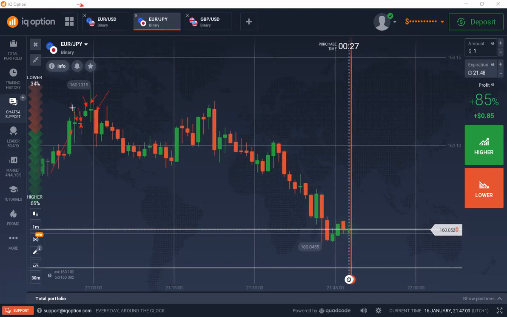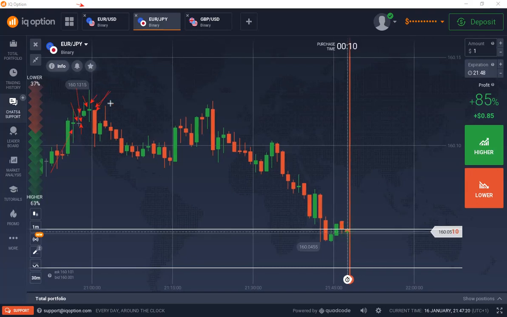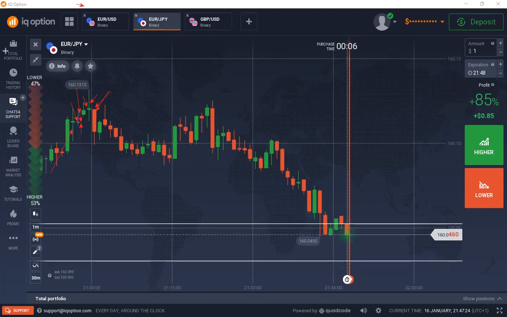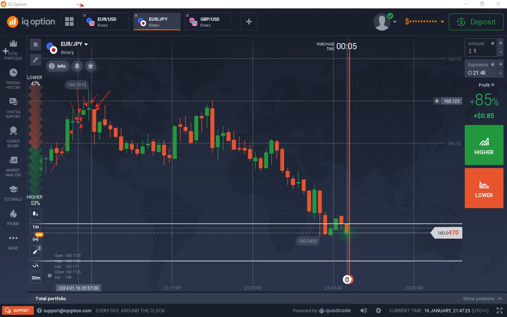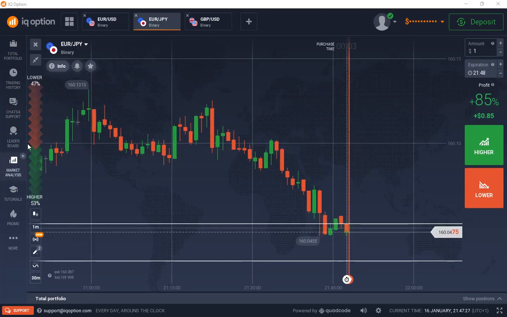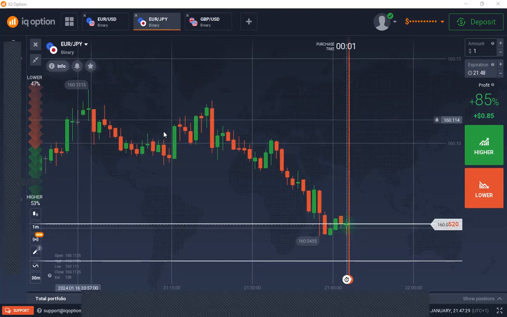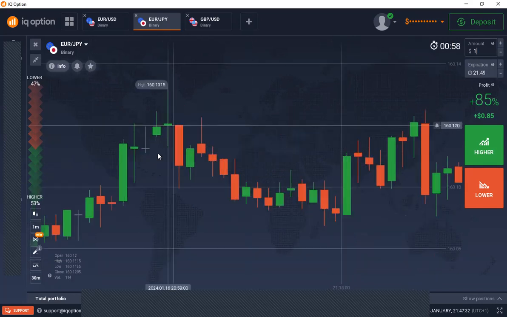But when we are talking about support and resistance, it means the buyers and sellers area, right? So from here to here is the sellers area. What we need is to make sure that anytime price comes to this area, we expect the sellers to enter the market.